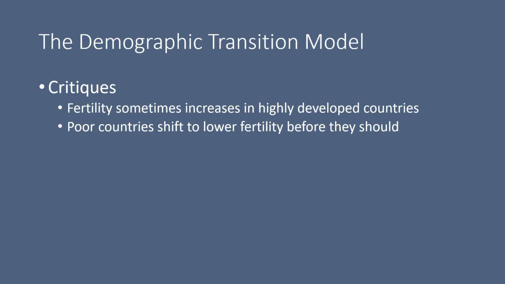Now again, this all plays into the demographic transition model that we discussed in the previous module. What we can say about that is some of the reasons why the demographic transition model sometimes doesn't work very well for a particular nation is because of these distinctive things that can happen in fertility rates. The way that fertility shifts can vary dramatically from place to place, from time to time.